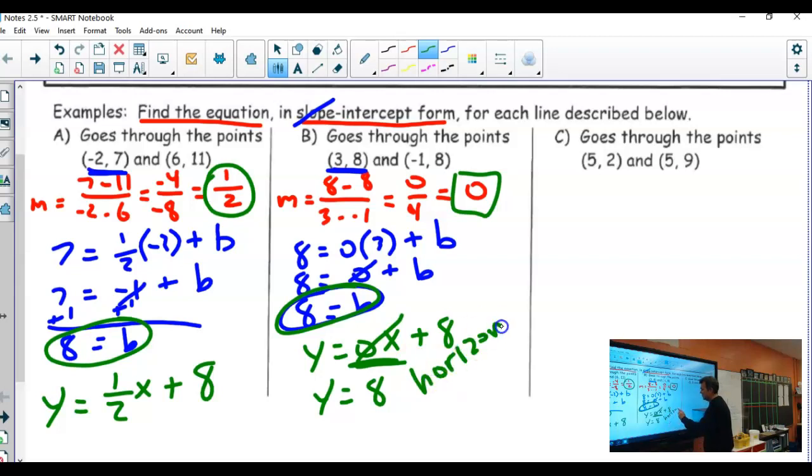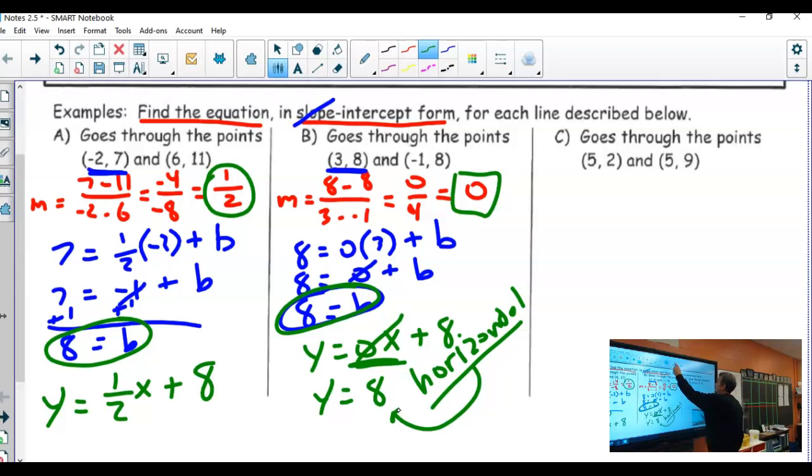And anytime you have a horizontal line, your equation is not going to have an x in it. Because it's a horizontal line, it has a slope of 0. And the 0 just cancels out the x. So I get y equals 8. Let's go to the last example.